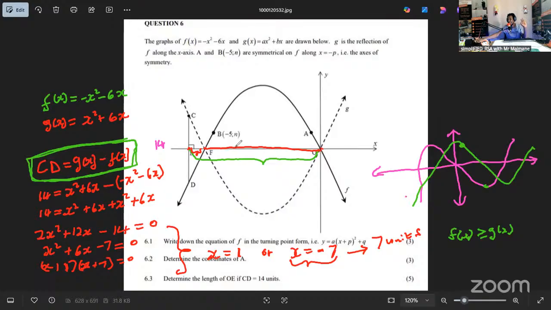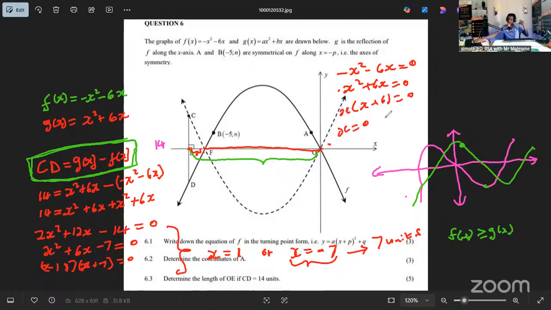For now, you can get OF because O is 0. So F is the x-intercept of g. If I say x squared minus 6x equals 0, I take out the common factor x, therefore x times (x plus 6) equals 0.